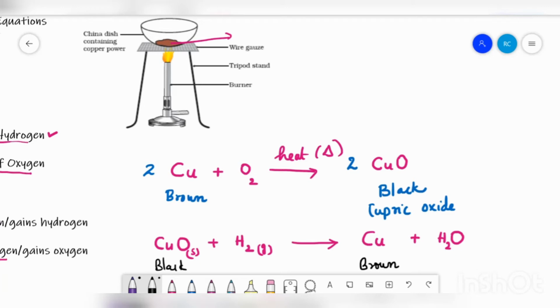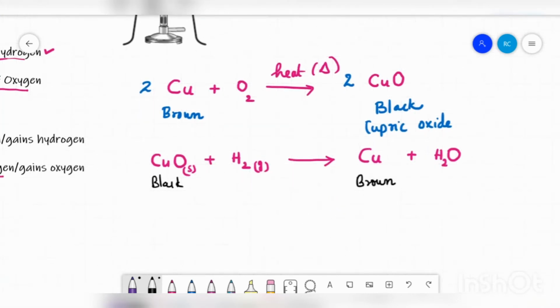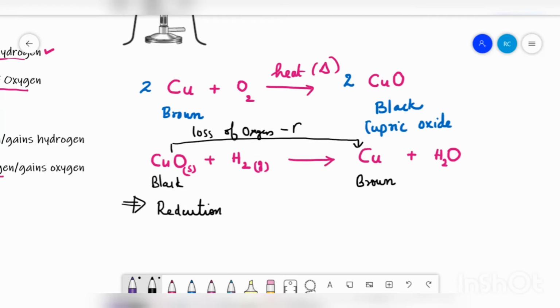Copper is being reduced. This reaction is an example of a reduction reaction. Cupric oxide loses its oxygen, and loss of oxygen we say is reduction.